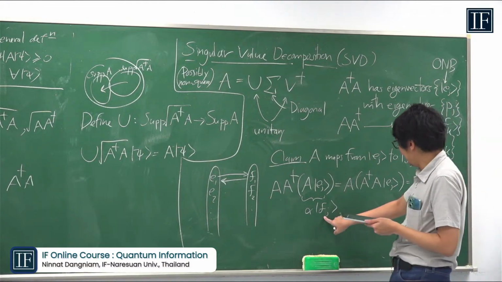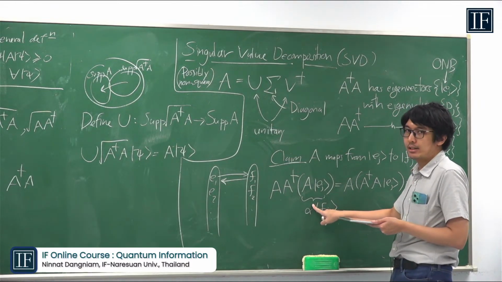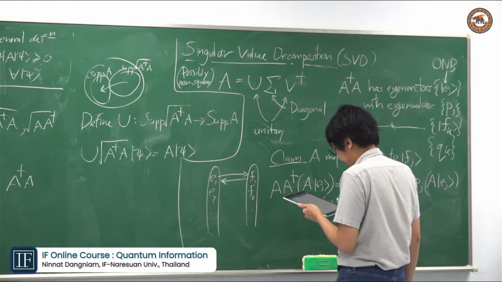In particular, you can get this proportionality constant just by normalizing this eigenvector.